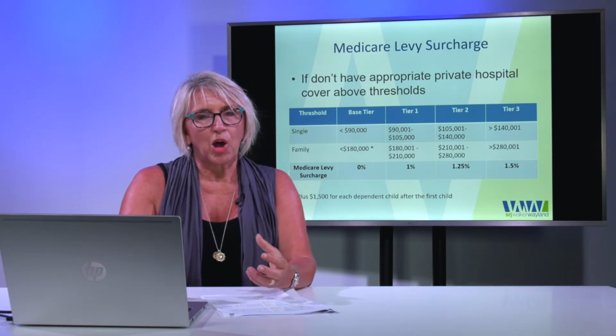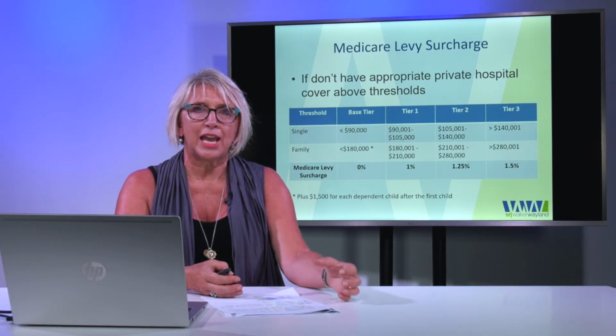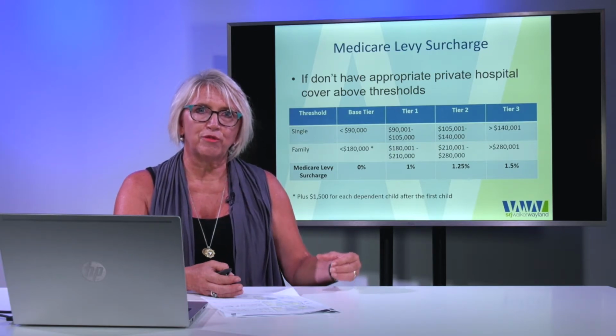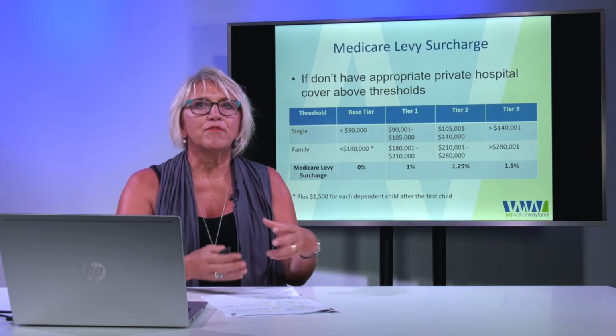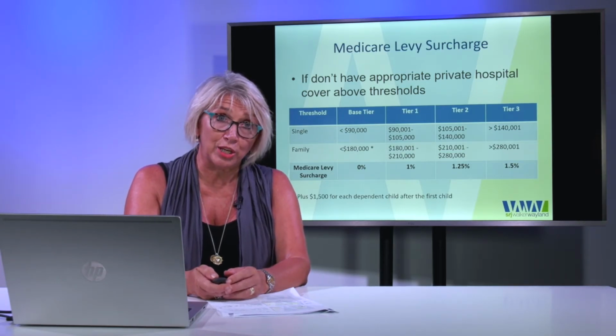The rationale behind the Medicare levy surcharge is to encourage people to take up private health insurance to remove some of the pressure from our public health system for those that can afford it. So they classify as people that can afford it.